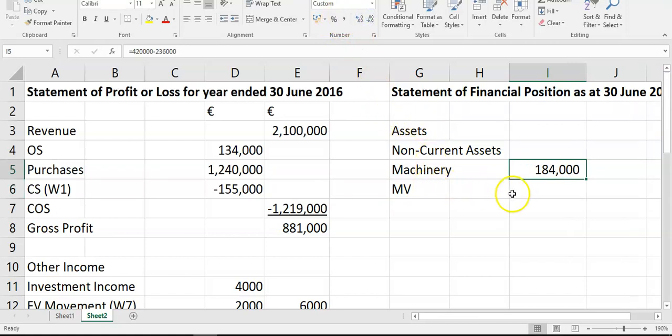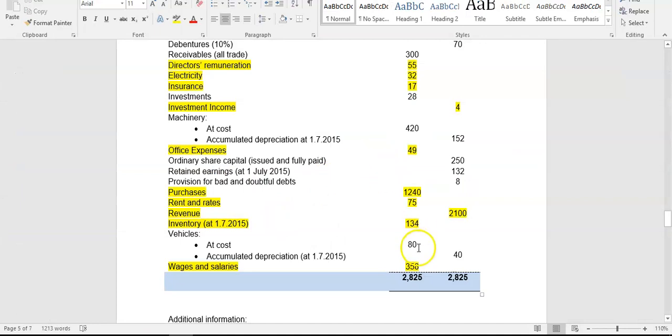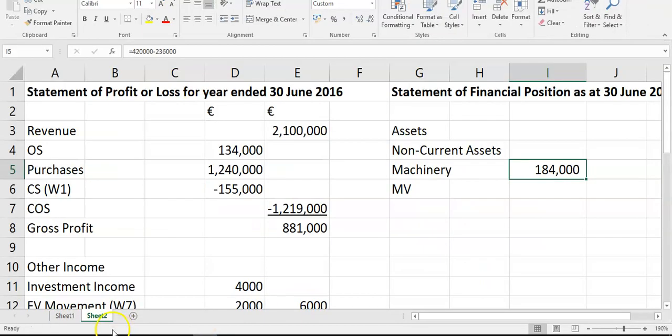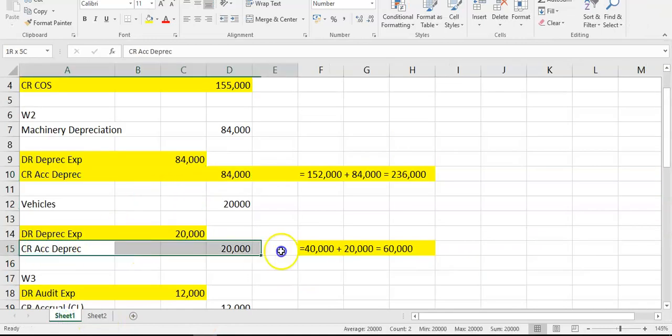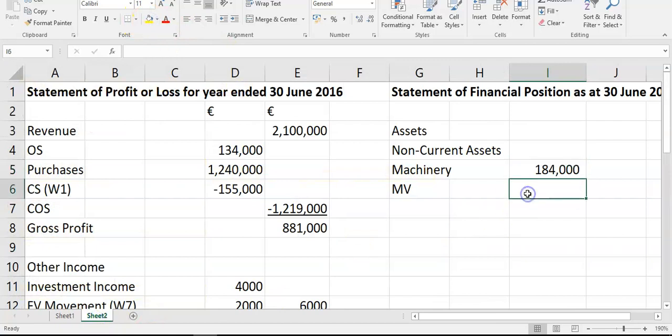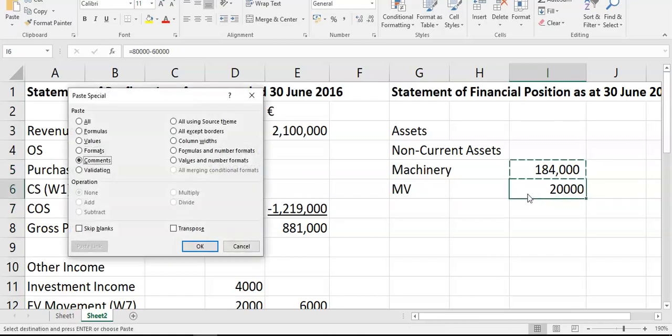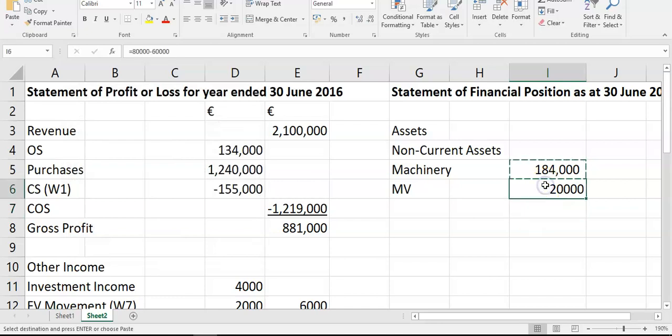Your vehicles, be careful, the cost was 80. You had opening accumulated depreciation of 40, and we had extra accumulated depreciation of another 20. So that means accumulated depreciation is now 60. So it's 80,000 minus 60. So it leaves you with 20,000 net book value, or what's known as a carrying value for non-current assets. And we'll tidy that up.